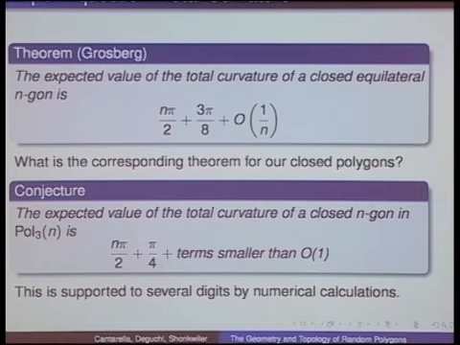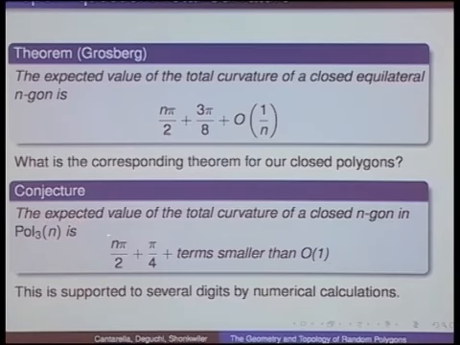A random pair of vectors on the 2-sphere has this average angle pi over 2, plus this interesting contribution, 3 pi over 8, plus smaller terms. What's the curvature of an n-gon? Okay, so that's the sum of the turning angles in three space. So it's the sum of the exterior angles at each vertex.